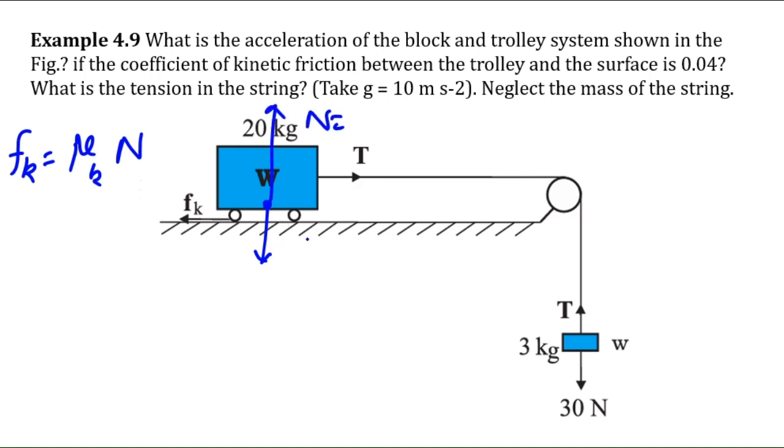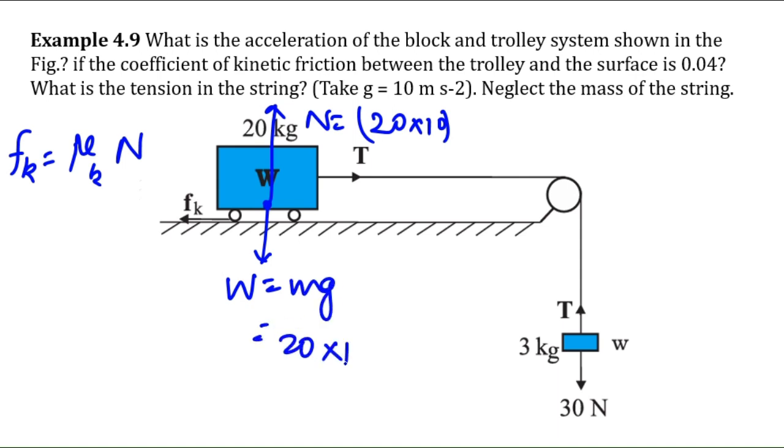It will be equal to the weight of this block, which is mg, 20 kg into 10 meter per square second, that is 200 Newton. This weight is equal to the normal force, because there is no acceleration in the vertical direction.